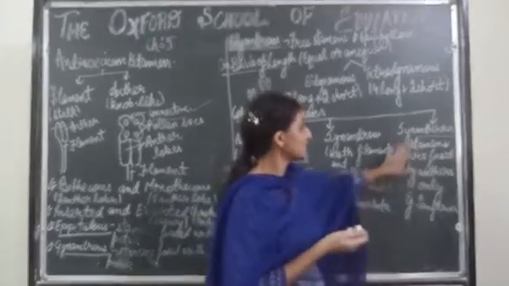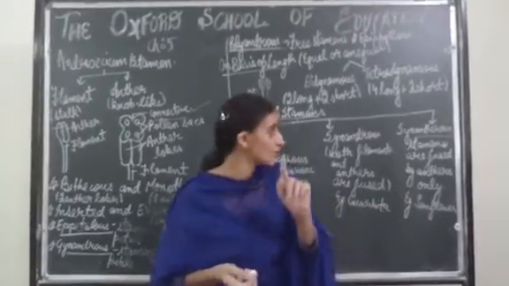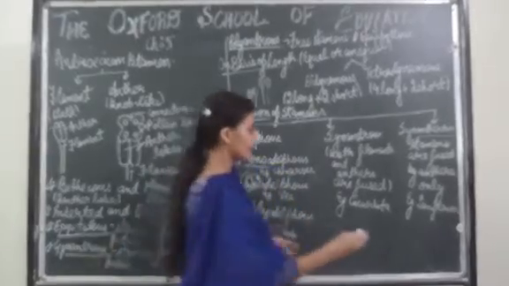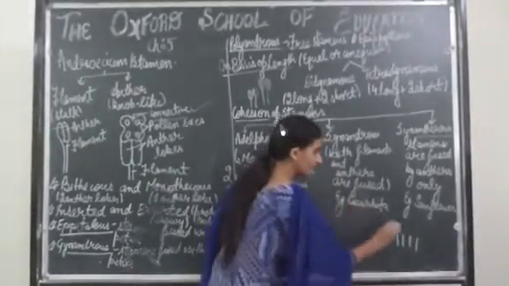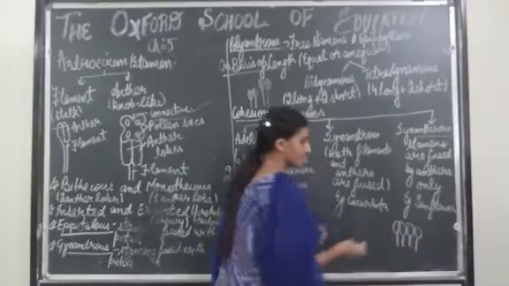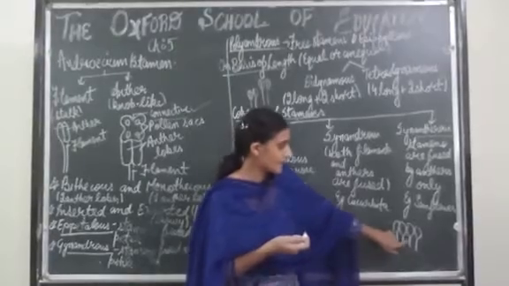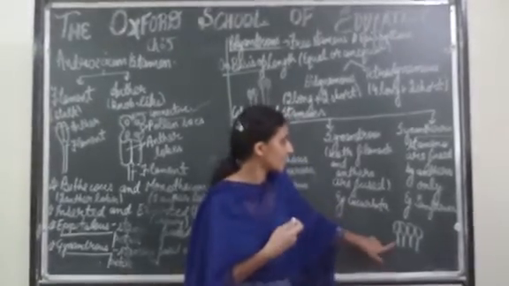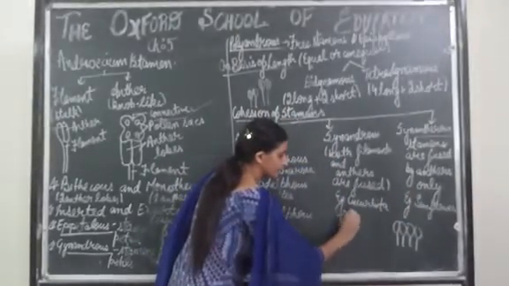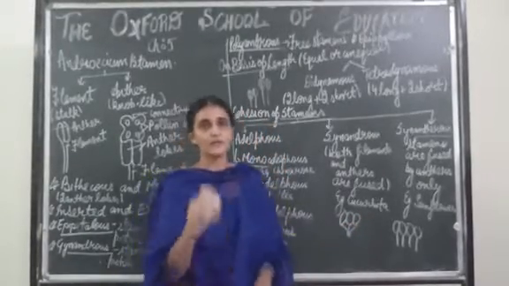Synanthrous means when stamens are fused by anthers only. That means their filaments will be free, but they will be fused by the anthers, like in this case. You may see here anthers are fused, but the filaments are free. They are not fused with each other. Example you may take is sunflower. But in the synandrous case, both the anthers plus filaments will be fused with each other.